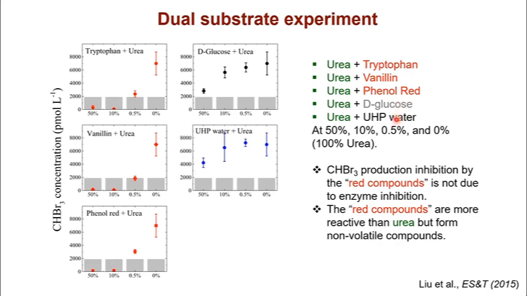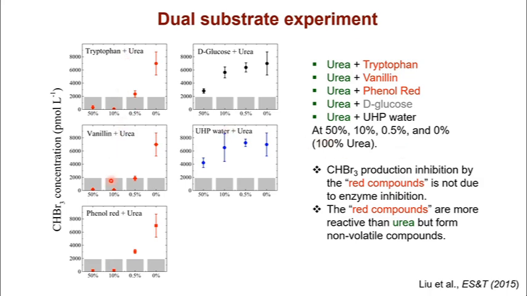And then a control really means adding nothing but ultra high purity water. So the mixing ratio is as follows. I added 50% inhibitor or this other group of compound, 10%, 0.5%, and 0% relative to urea, and then redid this incubation experiment to see what is going on.